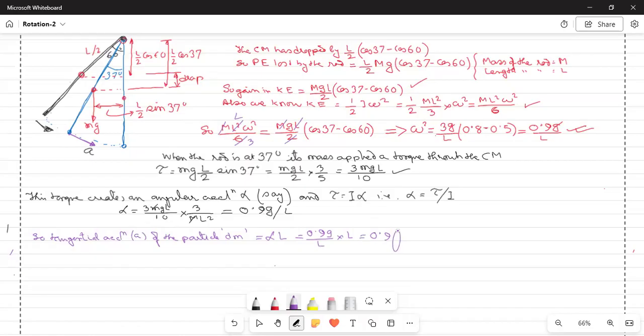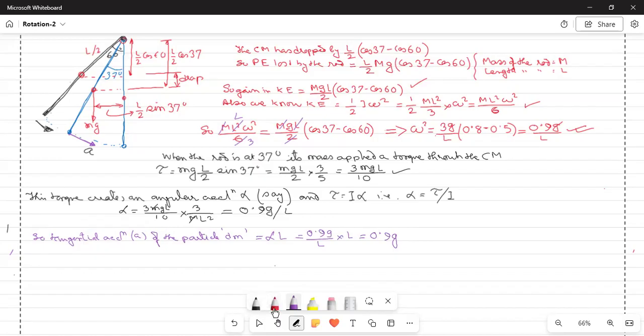If we know the tangential acceleration A, then we know many things. Then force on dm is actually mass into acceleration.